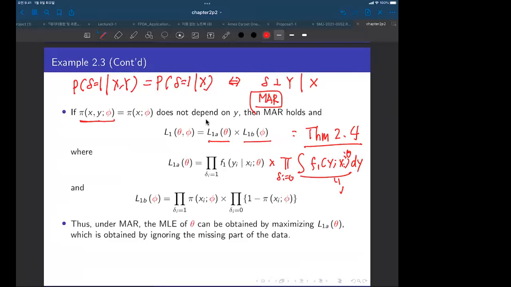That means we can just use the first part to obtain the MLE. Under MAR, the MLE of theta can be obtained by maximizing the first one, which is obtained by ignoring the missing part of the data. Ignoring the missing part of the data is called complete case analysis.